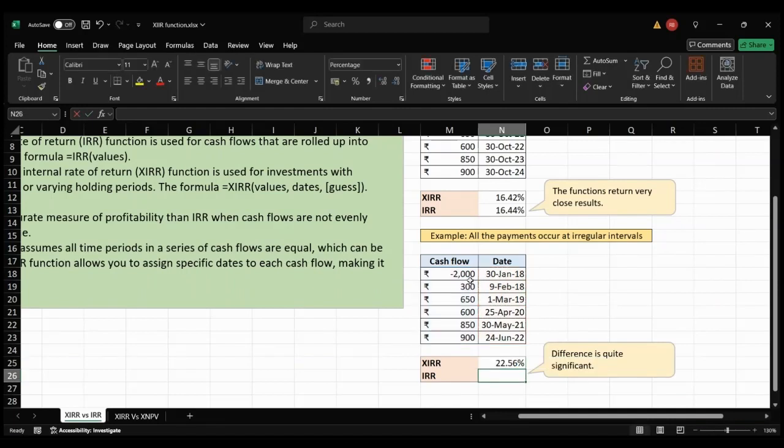We got the answer as 22.56. Now we'll calculate IRR. So here the difference is quite significant.